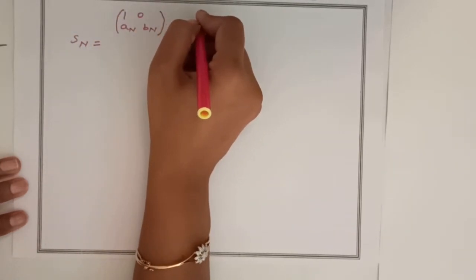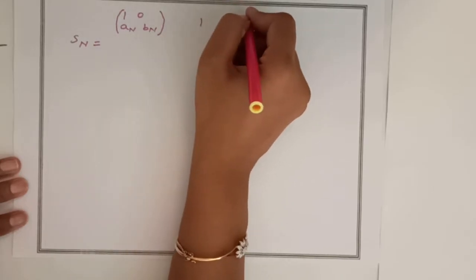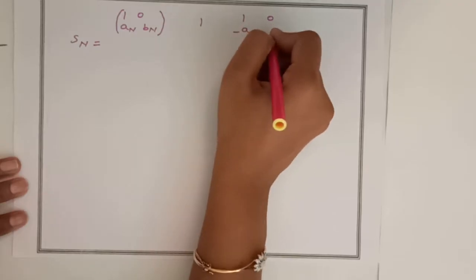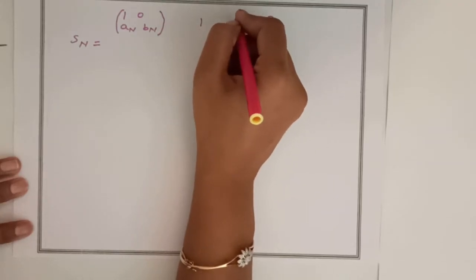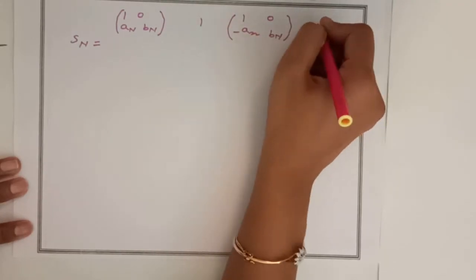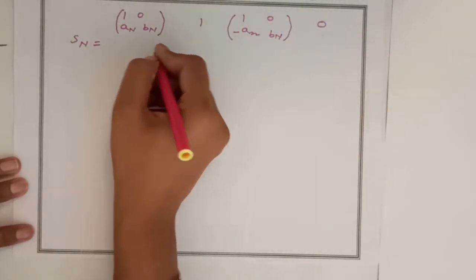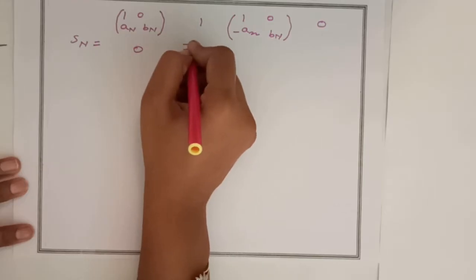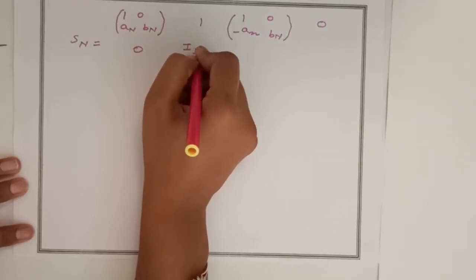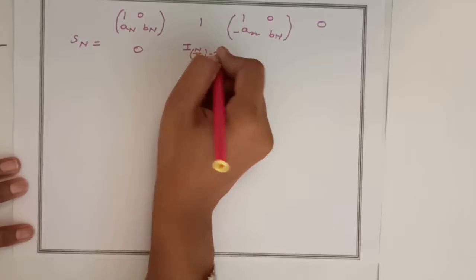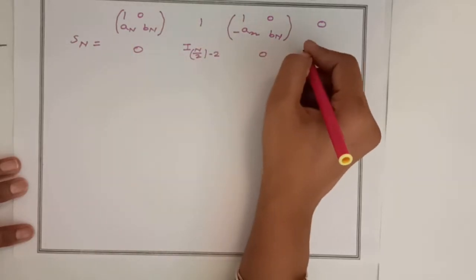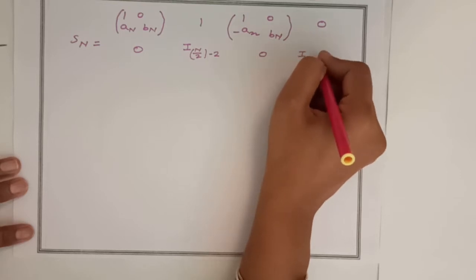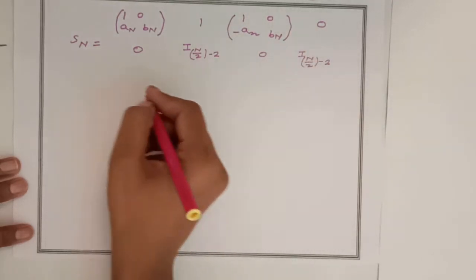Then 1, 0, minus an, bn, and next is 0. Next row is 0, then I of n by 2 minus 2, coefficient next is 0, I of n by 2 minus 2.